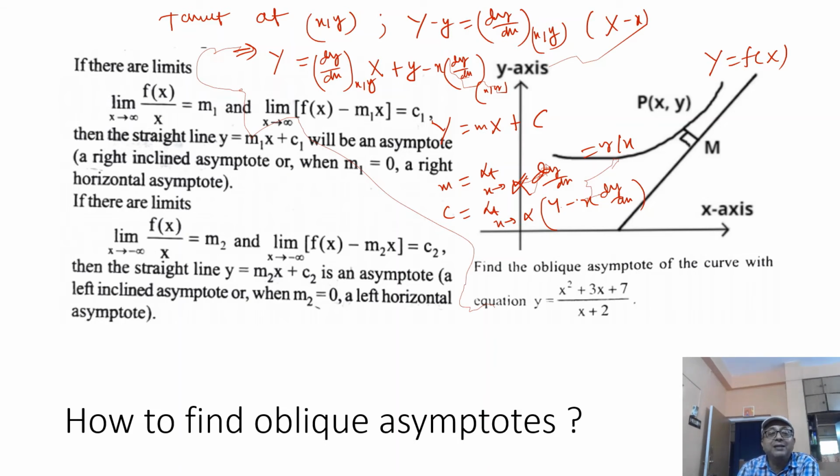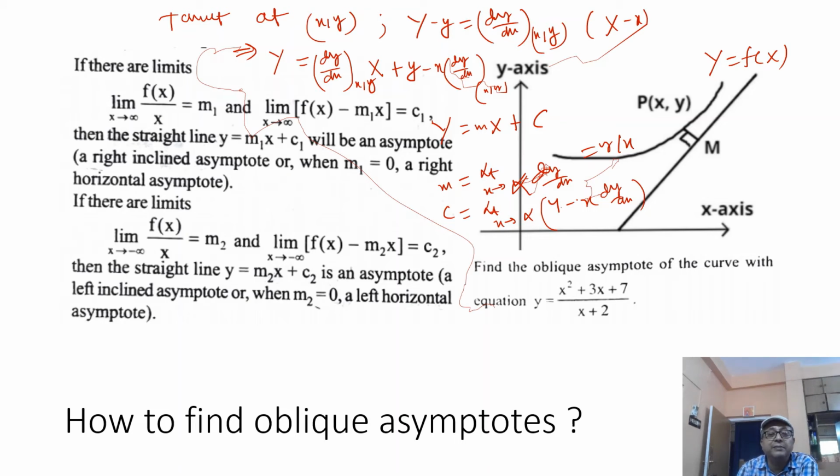What about another asymptote y = m2x + c2? This time m2 will be the limit as x approaches minus infinity.